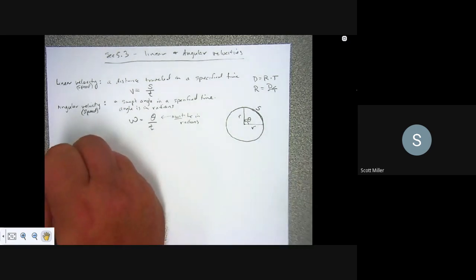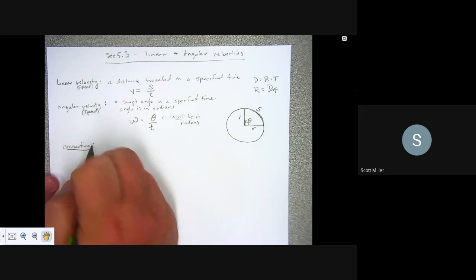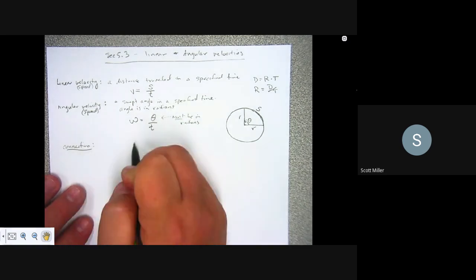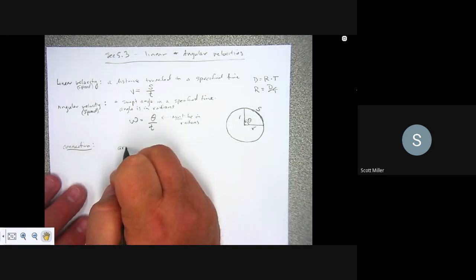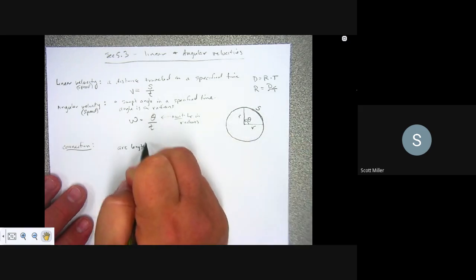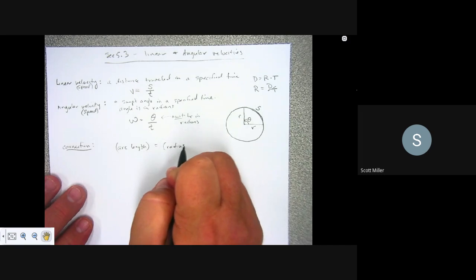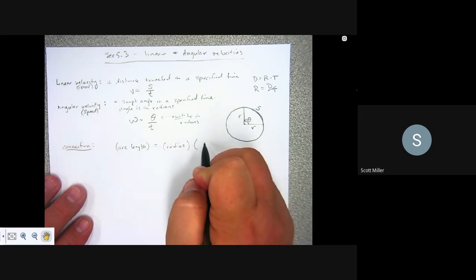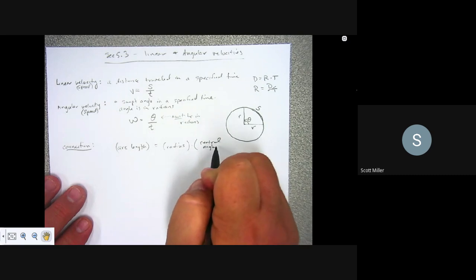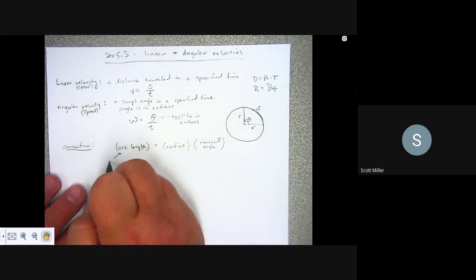So what is the connection here? How can I do this thing? Well, we know from the previous lesson that the arc length, S, is equal to the radius times the central angle. Okay? This right here is a distance.